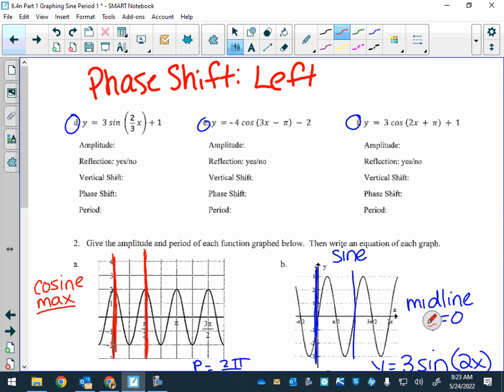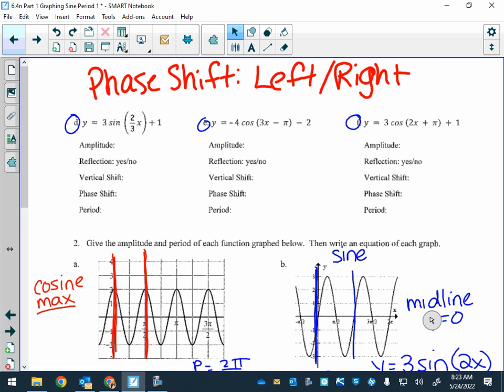Phase shift means left or right. For D, there's no phase shift. Right pi, kind of like what we did with functions, where we would say right, but it would be a number.